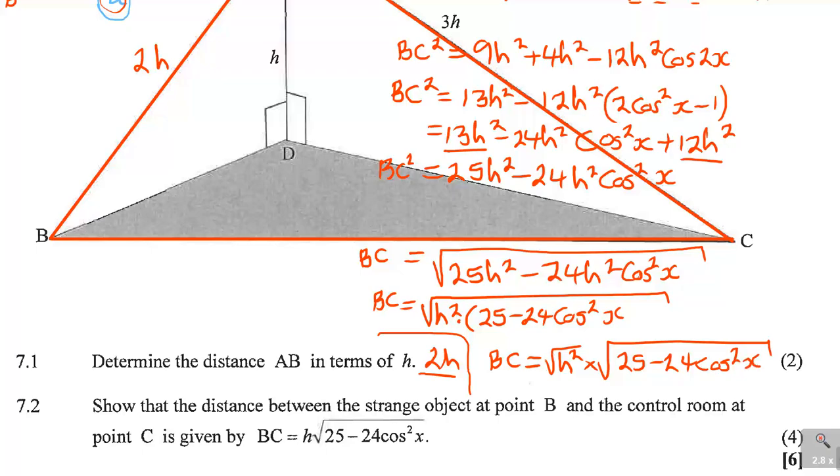The square root of h squared is the same as h, so BC is h times the square root of 25 minus 24 cos squared x, which is what they said we must prove. So we have proved that BC is given by that statement.